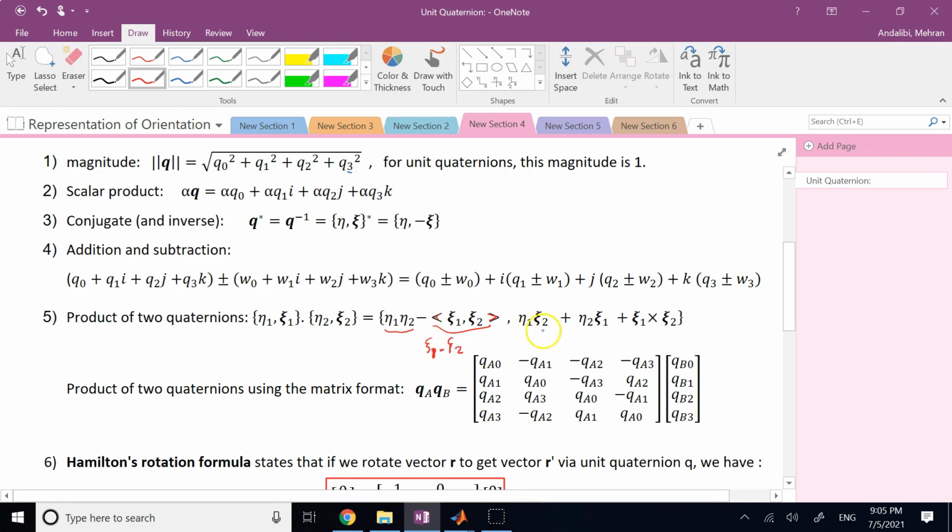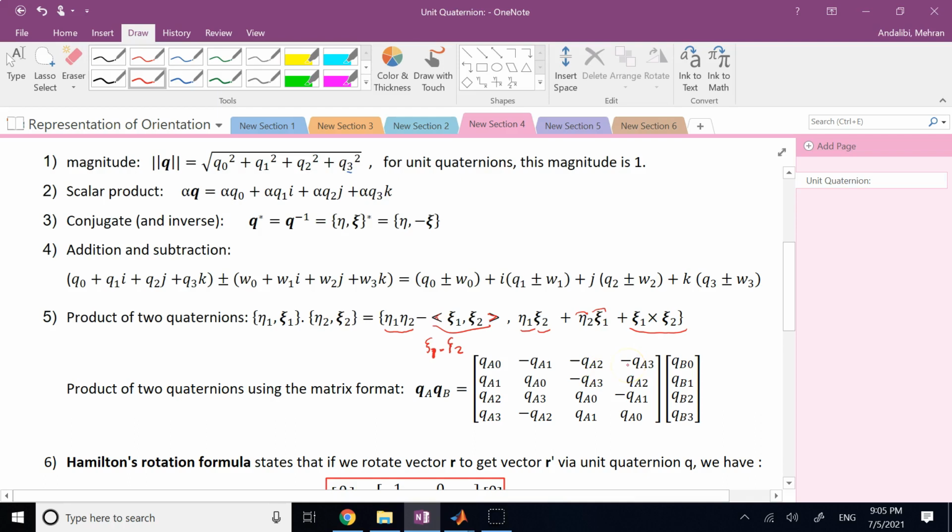And the imaginary part of it is what? The real part of the first one times imaginary part of the second, plus the real part of the second one times imaginary of the first one, plus the cross product of the two imaginary parts, okay?